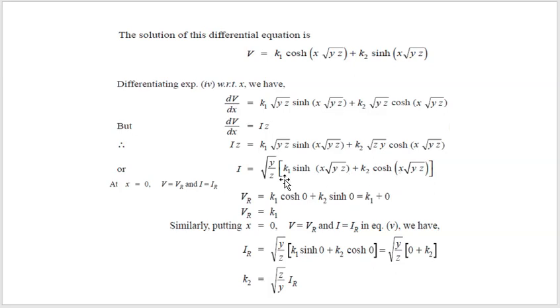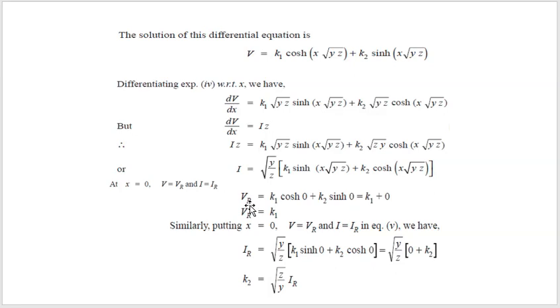Now to get the initial values, we just put x is equal to 0, so that V is equal to Vr and I is equal to Ir, where x is equal to 0 means that it is the receiving end. So at the receiving end, the voltage will be equal to Vr and the current will be equal to Ir.